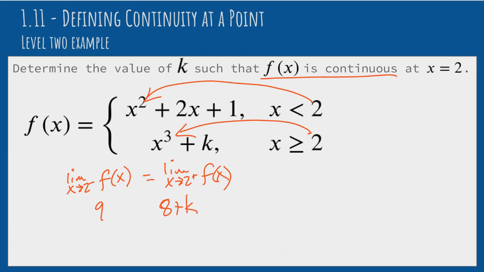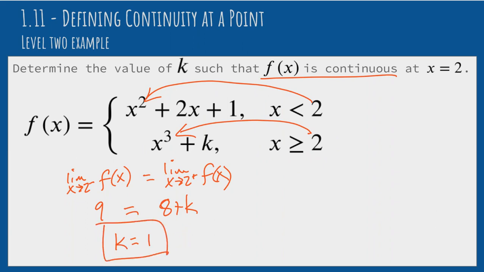Not only does it tell us what the limit as we approach from the right is, but it's also telling us what the value of the function is at that point because it includes x equals 2 here. So this right here is the value of the function at x equals 2, and it's also the value of the right-handed limit at x equals 2. So for this to be continuous, we know these two things have to be equal to each other. So we set them equal and we solve for k. So we get k equals 1.